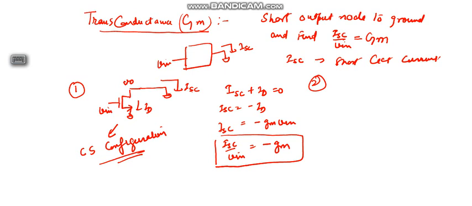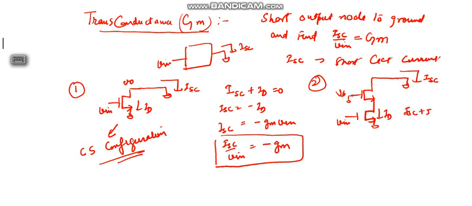Now the second one, where we are going to use cascode devices. So this is some VB, we ground it, this is V in and this is the output node, which we make ground, and here we will find the short circuit current. So this is ID, ISC plus ID equals 0, ISC equals minus ID.